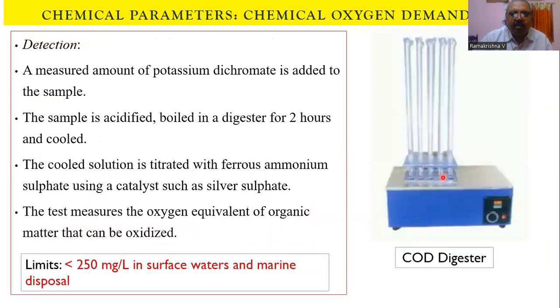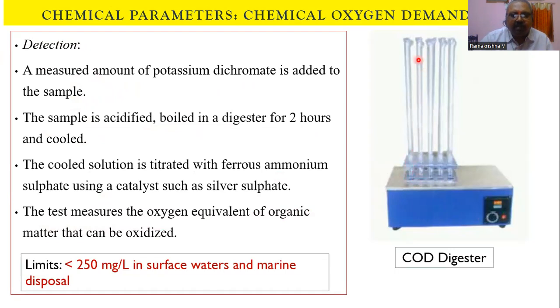If you look at the COD test, it can be detected using a measured amount of potassium dichromate. When you add it, the sample gets acidified, and the sample is boiled in a digester for 2 hours and cooled. This is a digester, and here we are keeping the sample and heating it for 2 hours.